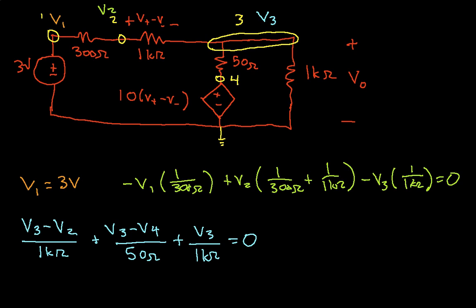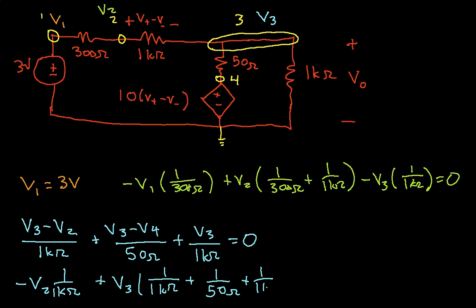Okay, so we can simplify this a little bit to say then minus V2 over 1K ohm plus V3 times (1 over 1K ohm plus 1 over 50 ohms plus 1 over 1K ohm) minus V4 times 1 over 50 ohms. And this is equal to 0. Okay, so that's the equation we get from node 3.